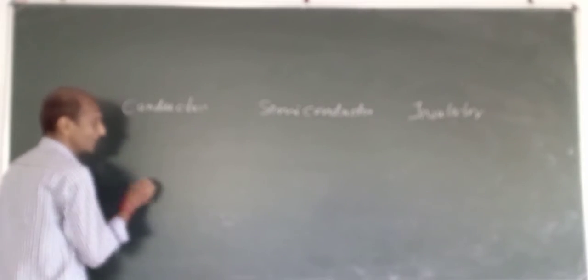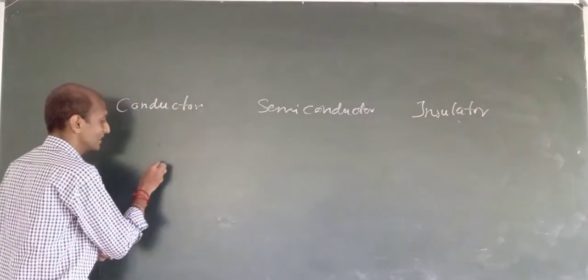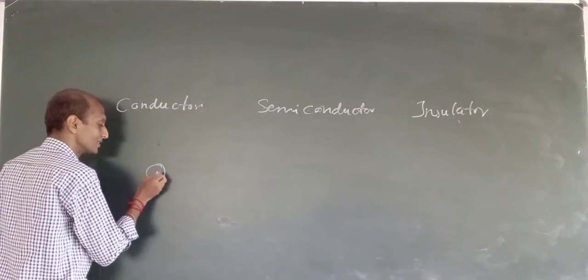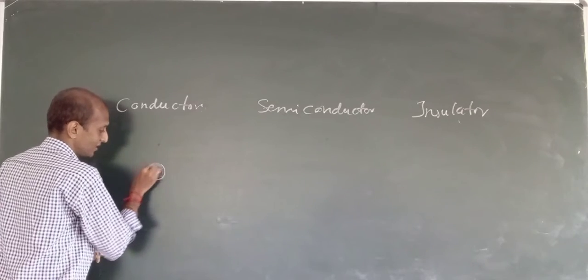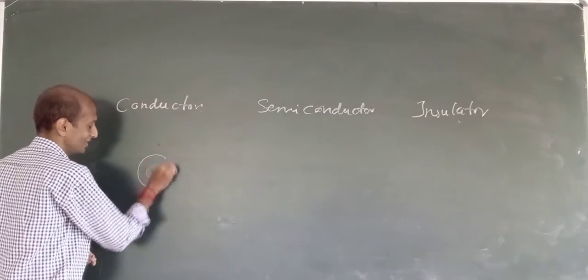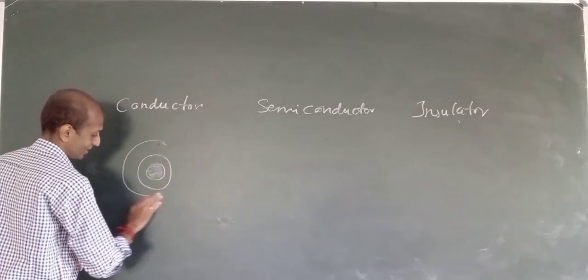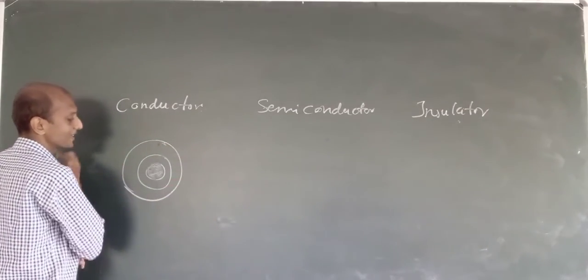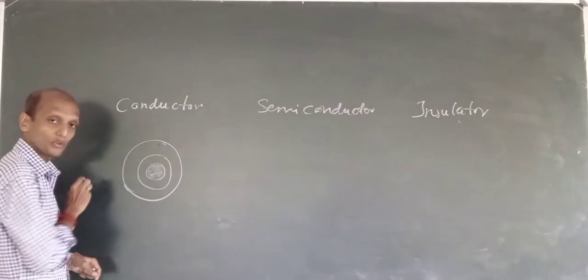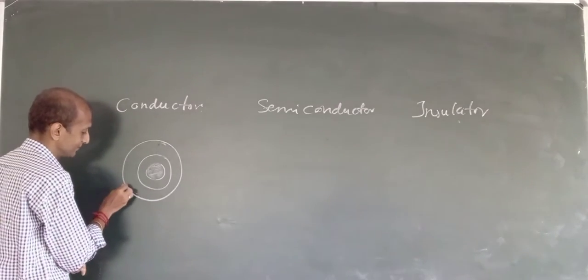Here I will draw only the valence orbit. This is your nucleus. I will write the first orbit too. We will consider an atom which has only 2 orbits.